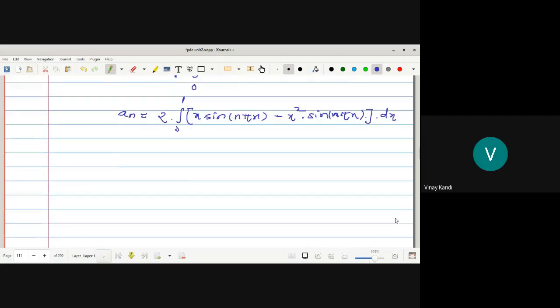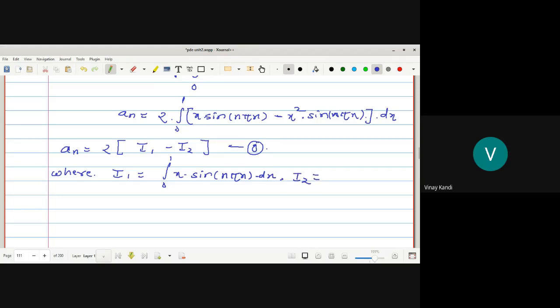So a_n is equal to 2 into bracket I1 minus I2, call this equation number 9, where I1 is integration 0 to 1 of x sin n pi x dx, and I2 is integration of x square into sin n pi x dx.